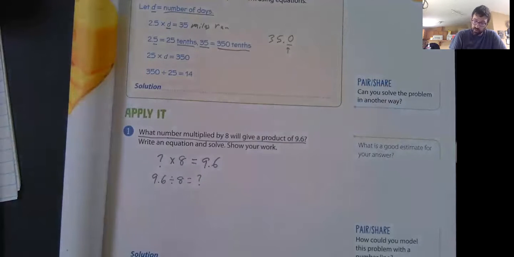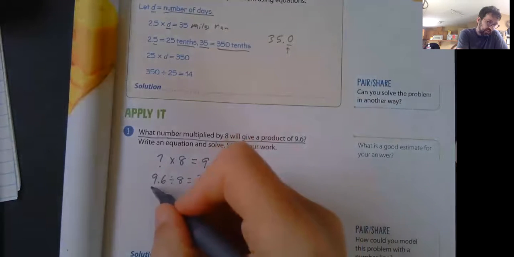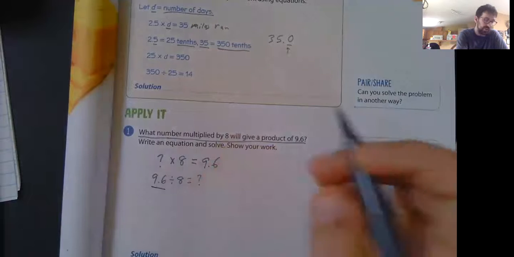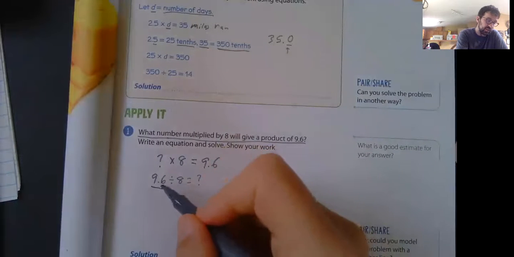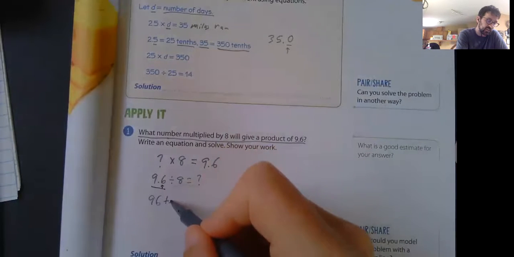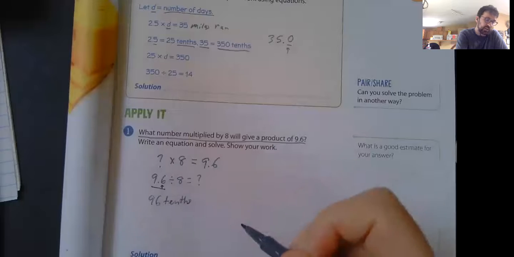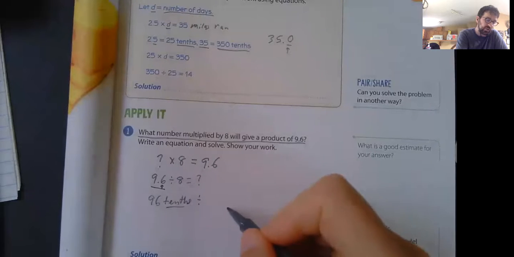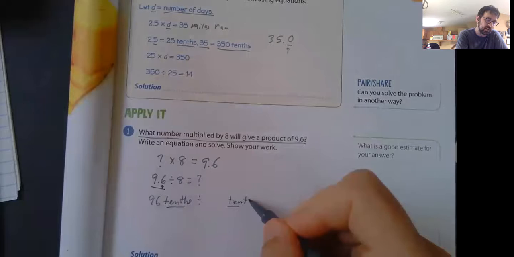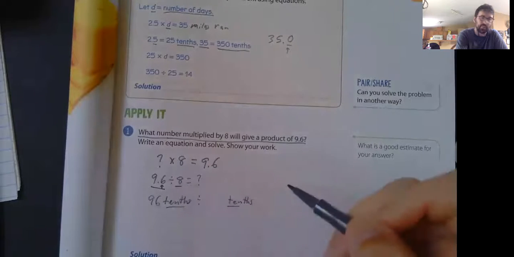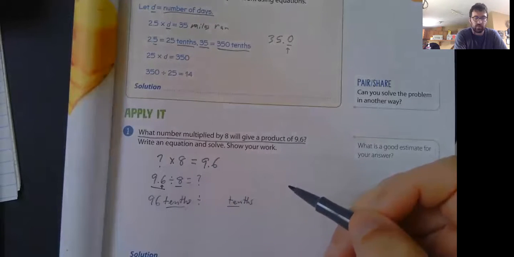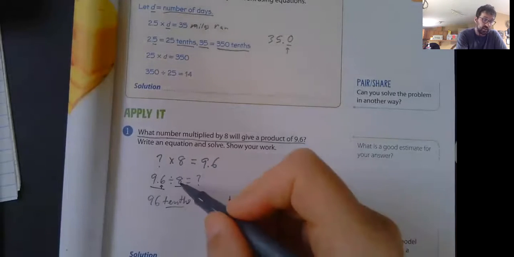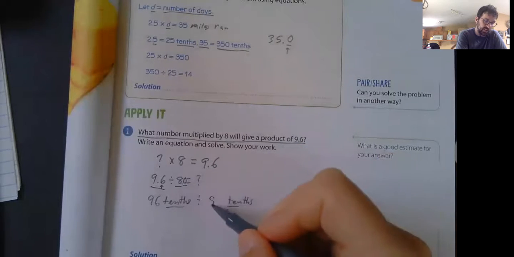Okay, so now we can look at this as, well, the lowest place value we have here is tenths, right? So this is 96 tenths. We're going to divide this. Well, we want to get them both so they're in tenths, right? Well, 8 is how many tenths? If I create that to the tenths place, I now have 80, don't I? 80 tenths.